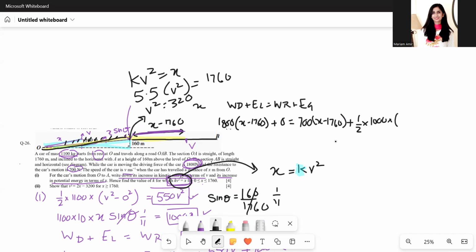So the speed here, represented by v, squared, minus the square of this speed, which is 320. This is the equation that you'll solve, and you should be able to get v square is equal to 2x minus 3200. Let's see if we get it or not.